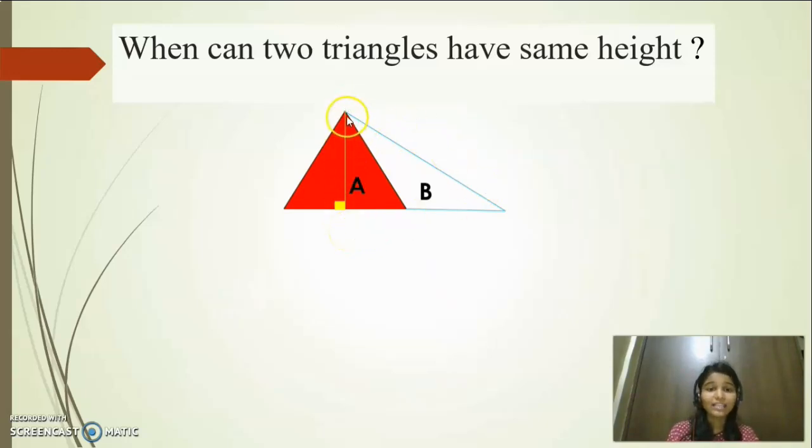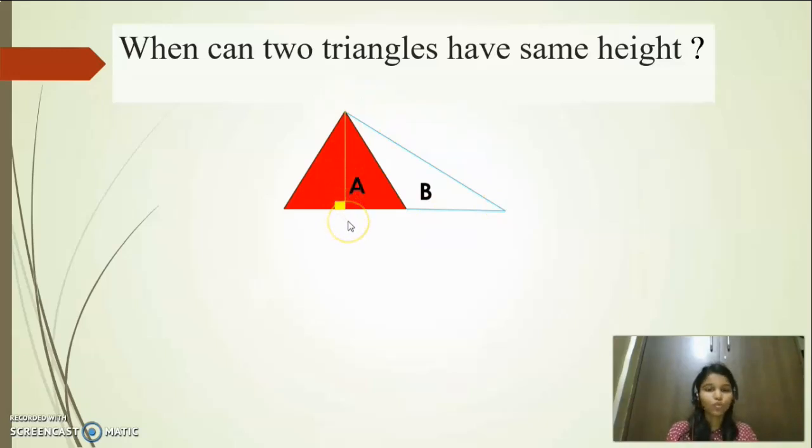Now, consider triangle B, an obtuse angled triangle. Students, can you tell me the height of this triangle B? Yes, correct. This yellow line is again the height for triangle B. So, can I say that both these triangles, triangle A and triangle B, have the same height?